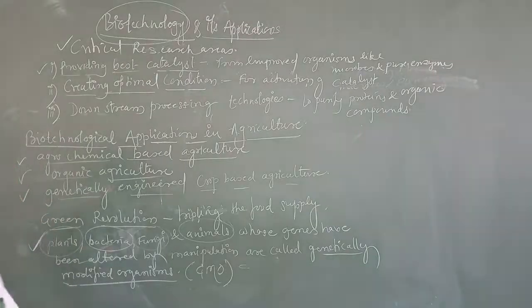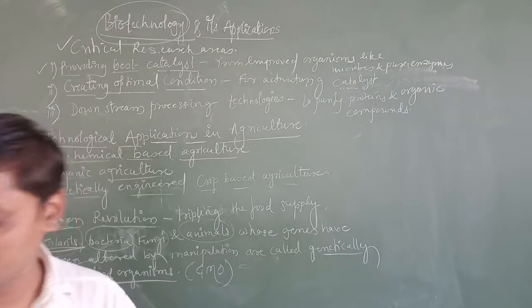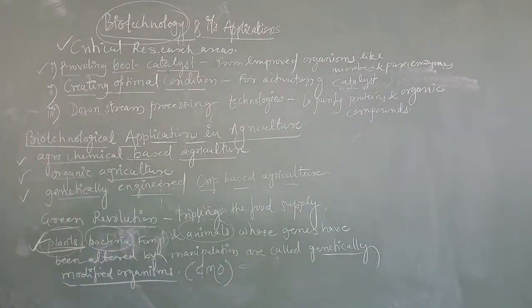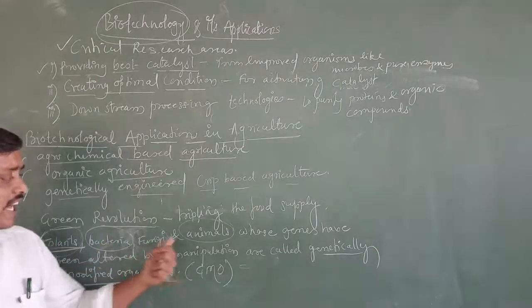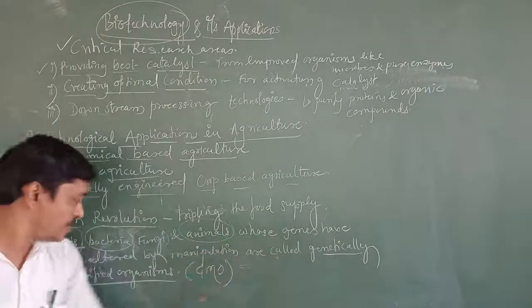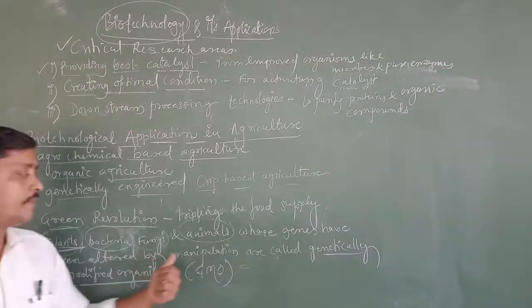Here, in agriculture, we are going to study genetically modified plants. What are the features of these genetically modified plants? Now you know the definition of a genetically modified organism: plants, bacteria, fungi, and animals whose genes have been altered by manipulation.